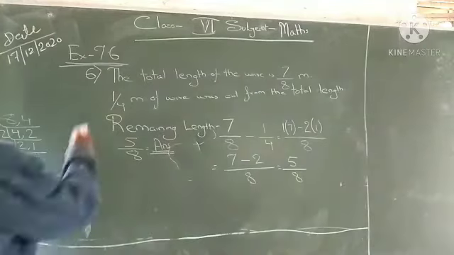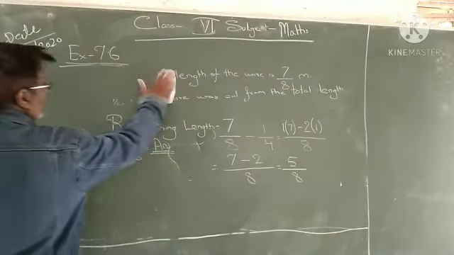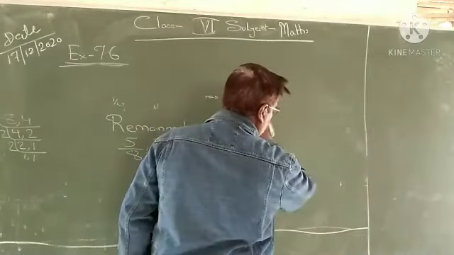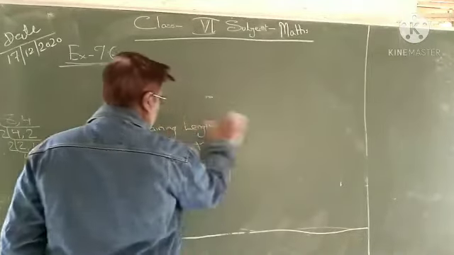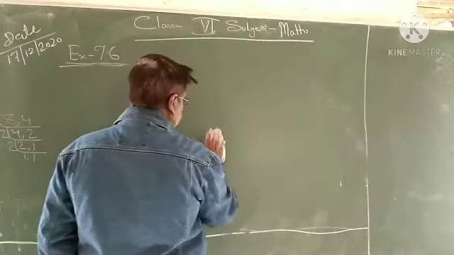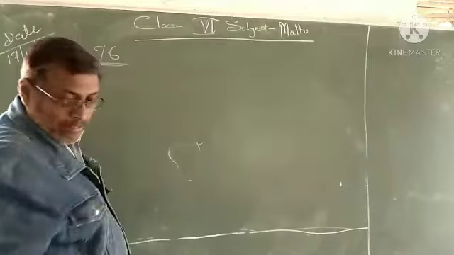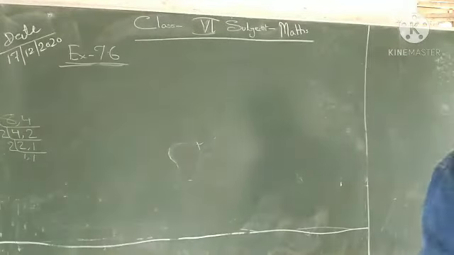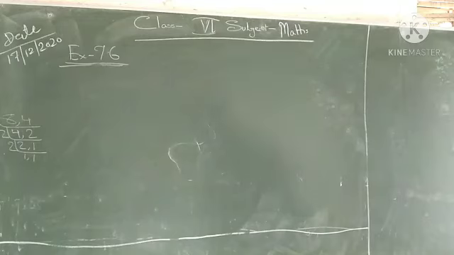So let's come to the next sum. In sum number 7, Nandini's house is 9 by 10 kilometers from her school.